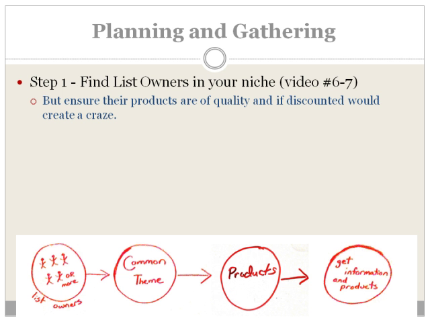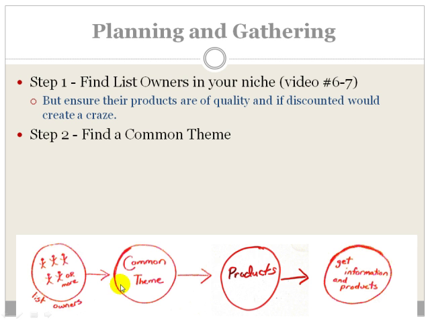Before you actually get people on board, you want to do your due diligence and research in advance to ensure and agree upon that their products are of quality and are actually discounted products, because discounted products would create a craze and increase the conversions.